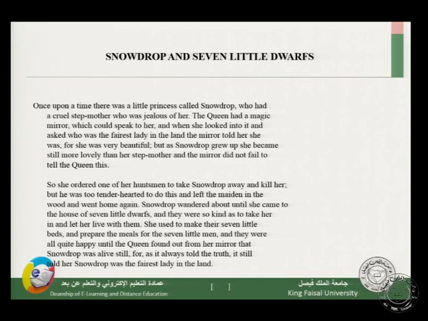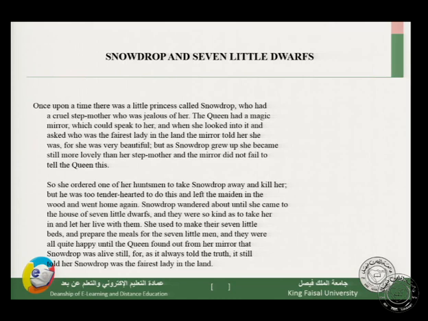So this Snowdrop and the Seven Little Dwarfs talks about a little beautiful princess, once upon a time, called Snowdrop. This is her name.